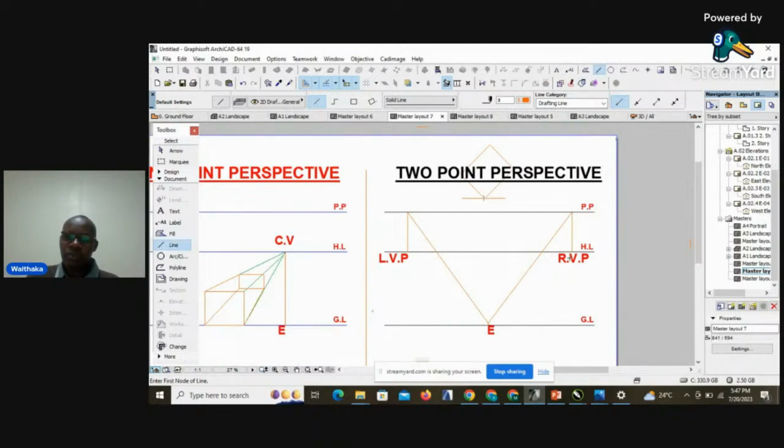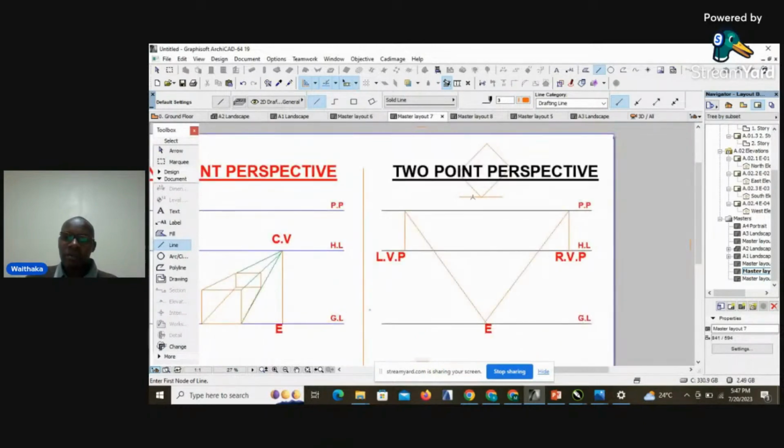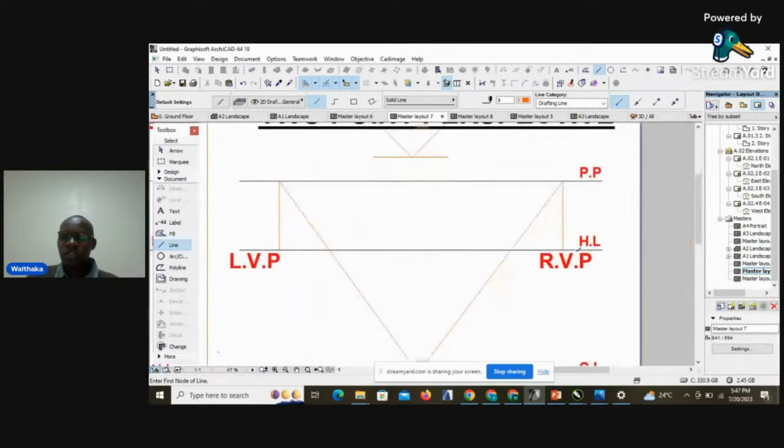So if at this point both the angles are 45, we will generate from point E, we will draw a line at an angle of 45 until it touches the picture plane, and then drop it vertically down until it touches the horizon level to generate the right vanishing point.